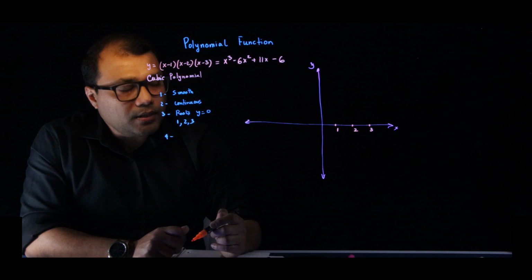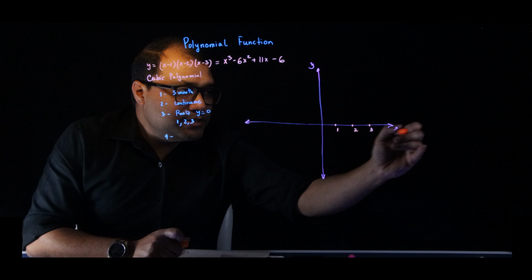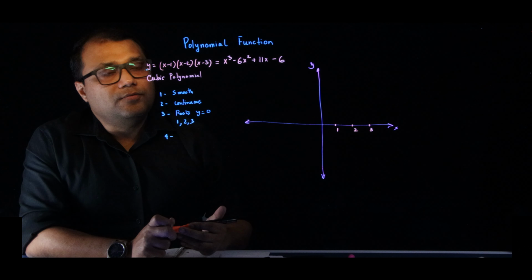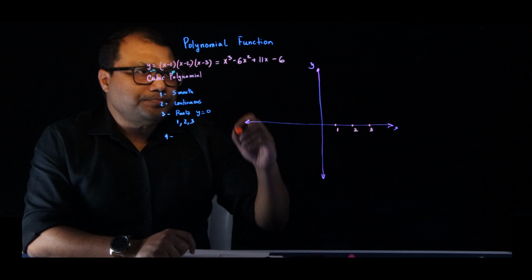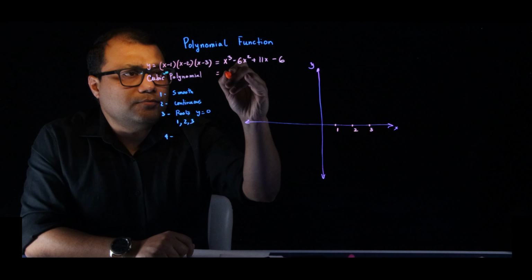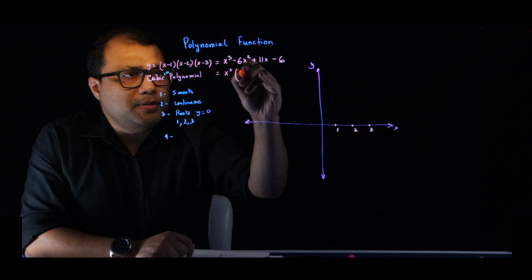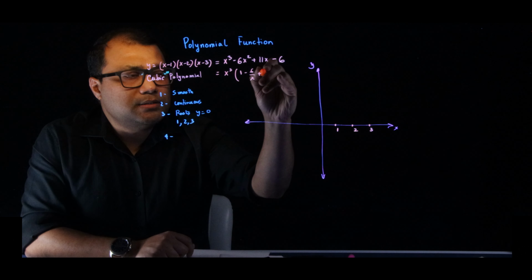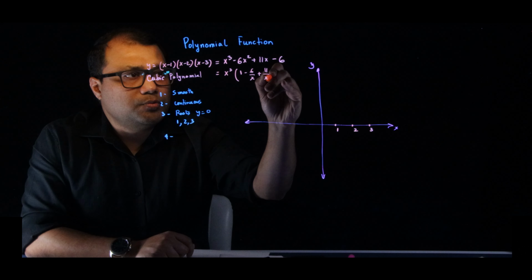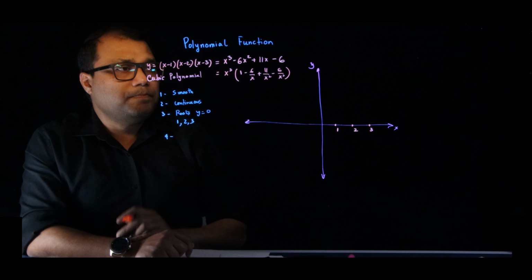Now let's look at this example. When x tends to infinity, what's the value of y? How do we find that? Let's say we take x cubed common. So this will be 1 minus 6 by x plus 11 by x squared minus 6 by x cubed.